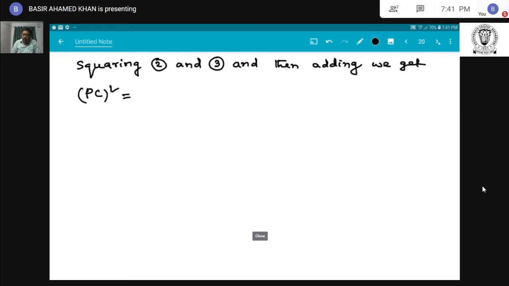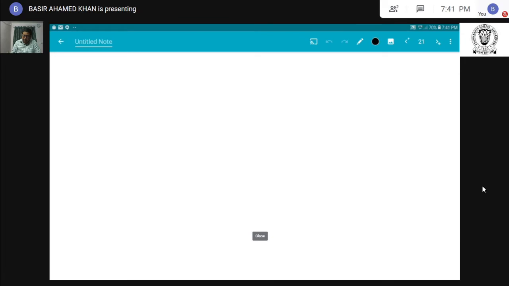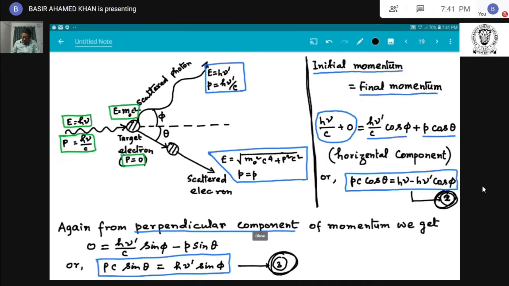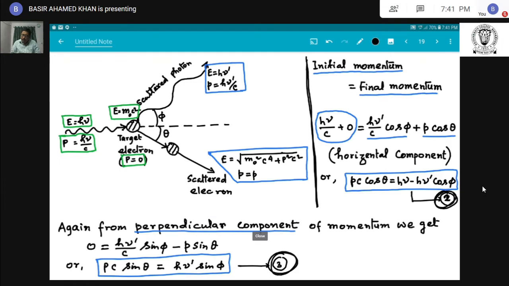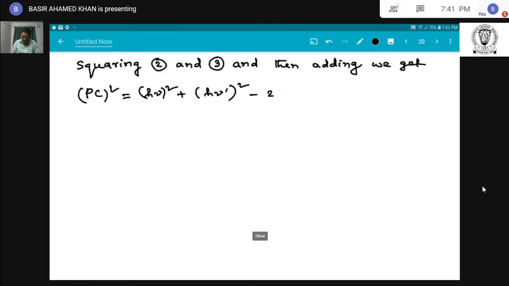Hence the left hand side becomes (pc) whole square, and then it becomes (h nu) whole square plus (h nu prime) whole square, that means (h nu) square plus (h nu prime) whole square minus 2 (h nu)(h nu prime) cos phi. This is equation 4.